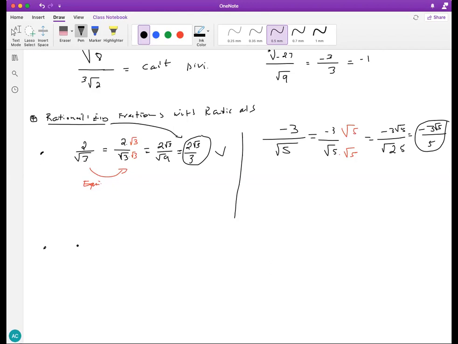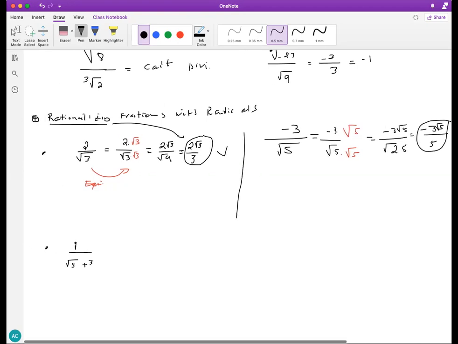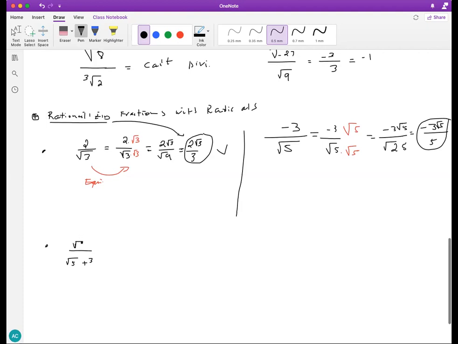So sometimes we may have, let's say, radical 5 plus 3, and maybe some radical here, let's say I'll actually use radical 8 here instead.